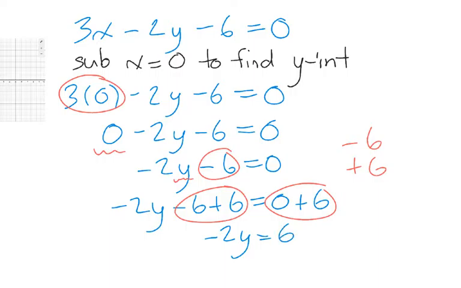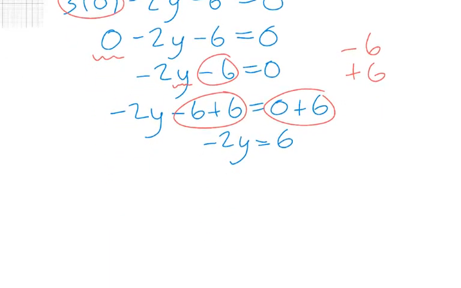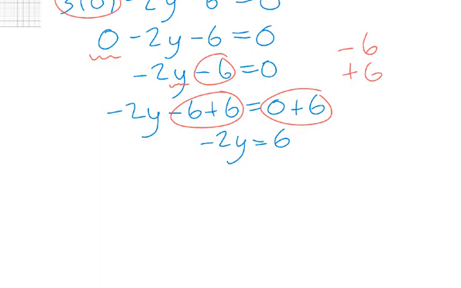We're almost done. The y is still stuck with this negative 2. If you recall, when you have a number in front of a variable, the operation is multiplication. So what we have here is multiply by negative 2. The opposite of multiply by negative 2 is divide by negative 2.